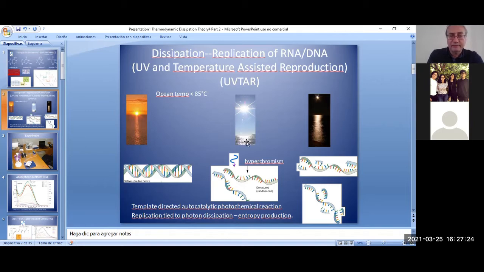And that's from the infrared light that comes from the sun. But we also know that we have ultraviolet light in the Archean, which was arriving at the ocean surface. And this ultraviolet light can be absorbed by these DNA strands and dissipated into heat locally. And that local heat can cause the denaturing.